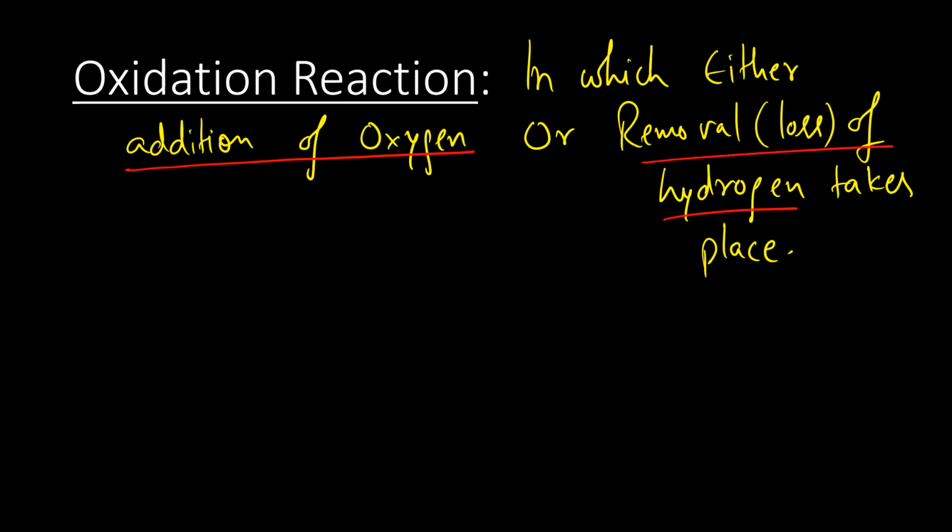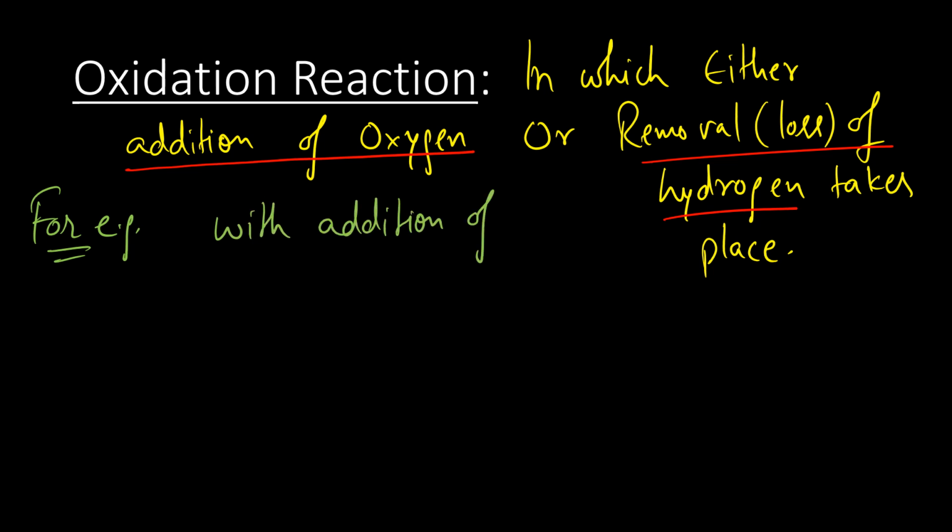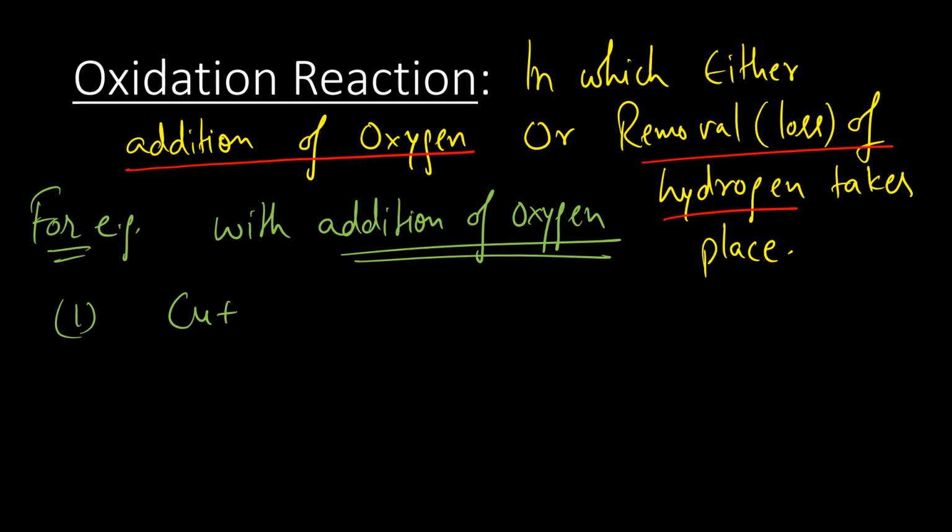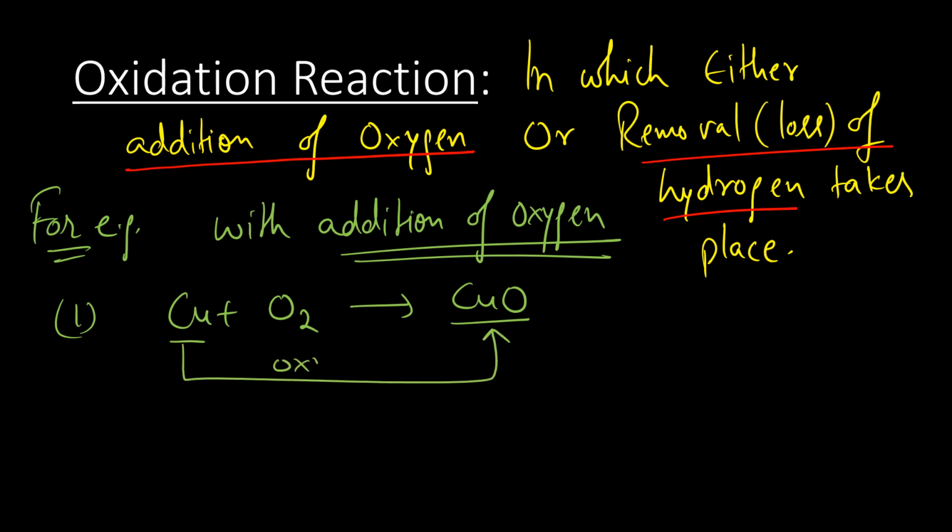Now let's discuss a few examples, with respect to the either-or condition. Very first, with addition of oxygen. If I'm adding oxygen to copper, I know I'm going to get copper oxide. So here copper gets changed into copper oxide. Of course, it corresponds to oxidation.